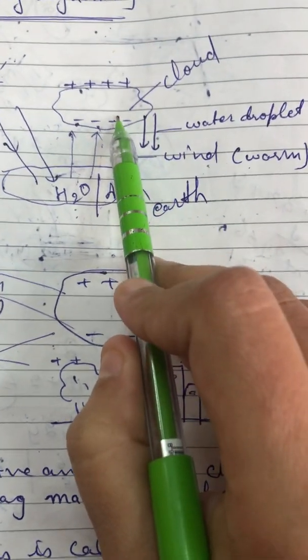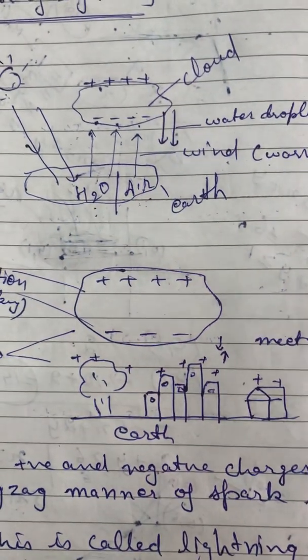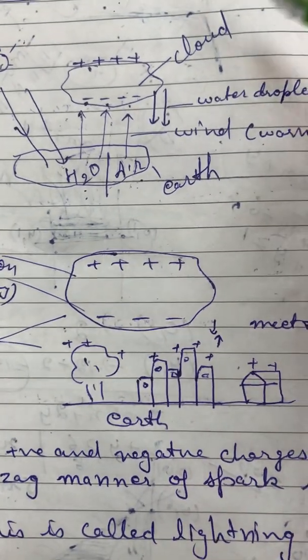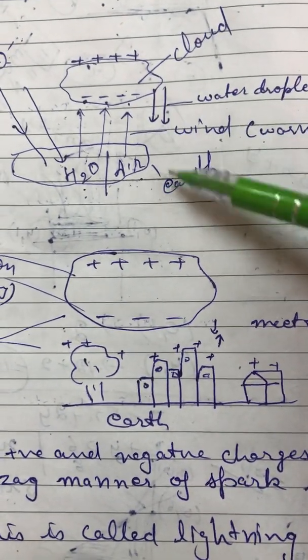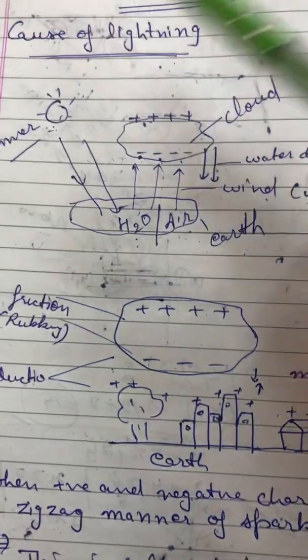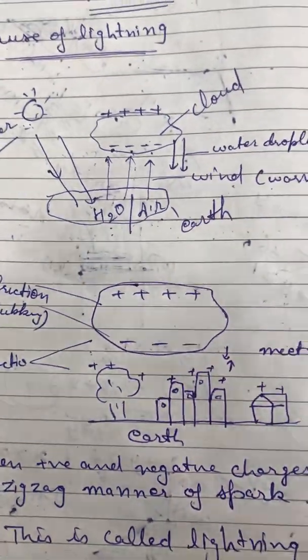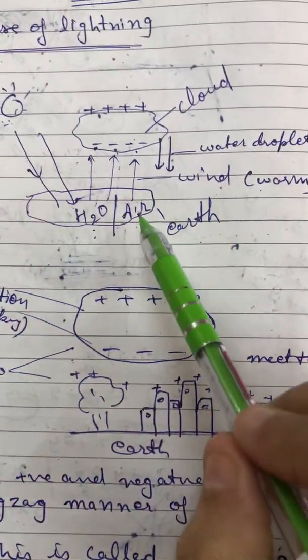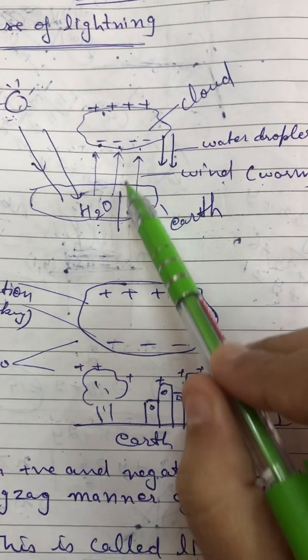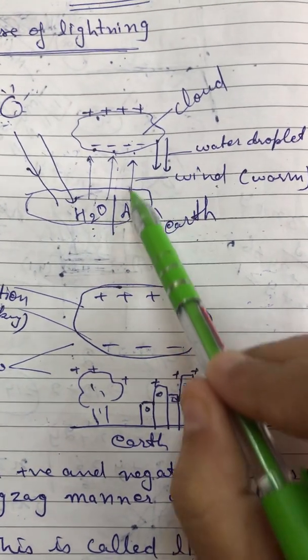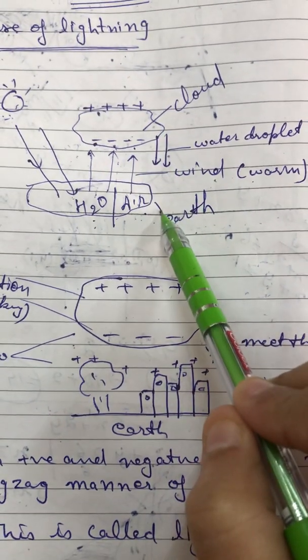When these water droplets become heavier or condense, they come back to the earth. This is like the water cycle we are discussing. Then what happened during this path? Warm air moves upward and water droplets move downward.